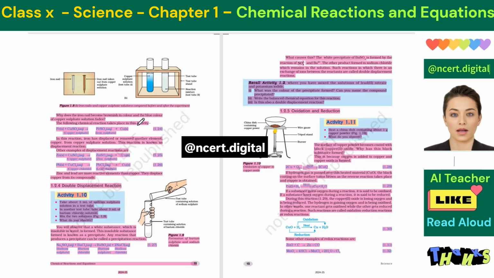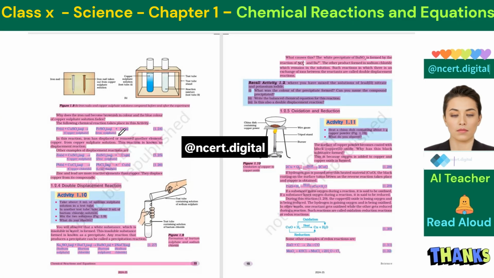The following chemical reaction takes place in this activity: Fe(s) + CuSO4(aq) → FeSO4(aq) + Cu(s) (1.24). In this reaction, iron has displaced or removed another element, copper, from copper sulfate solution. This reaction is known as displacement reaction.